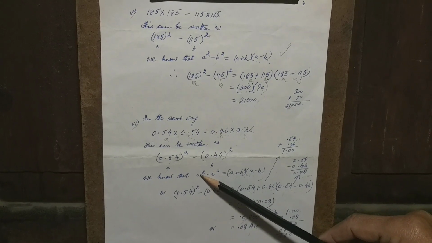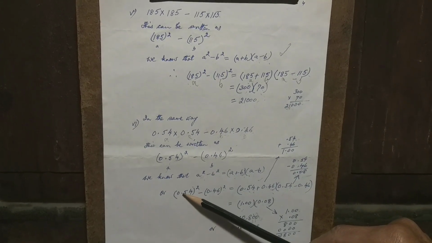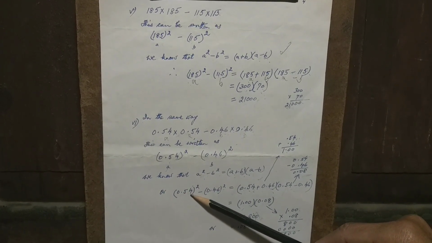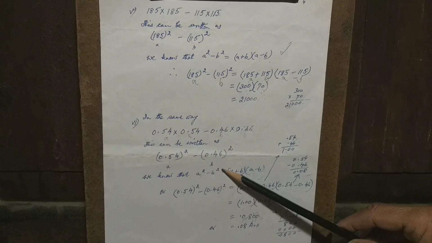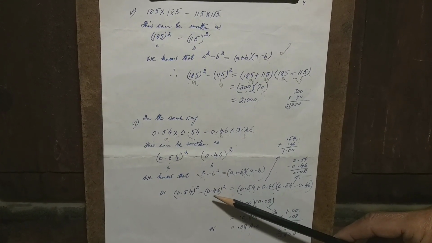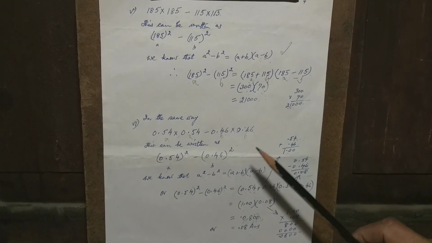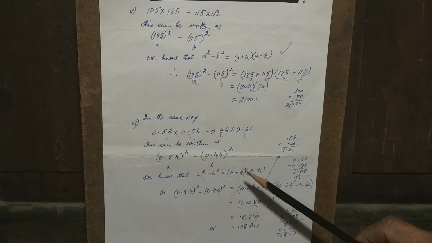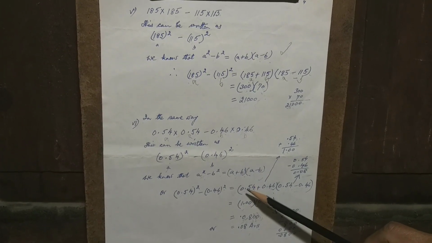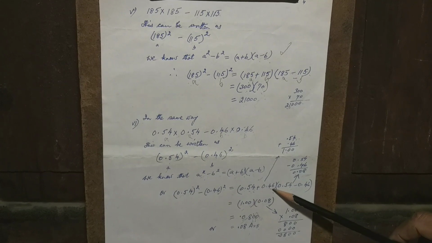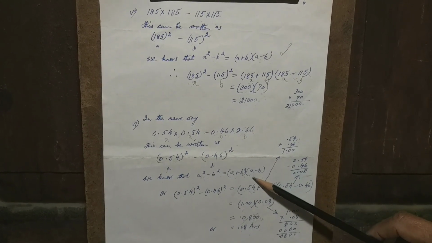So now instead of writing a, we have 0.54. So a square we can write as 0.54 whole square and b square as 0.46 whole square. Now what is this equal to? A plus b into a minus b. A is 0.54, so 0.54 plus b is 0.46, into a minus b.